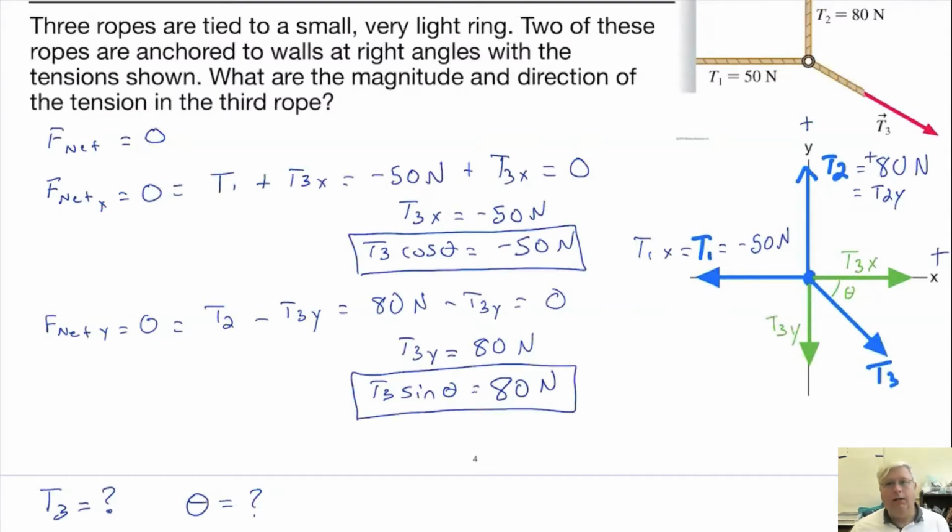We developed these two equations to represent what's going on with the net force horizontally and vertically. So those are going to be important to us. So can we figure out what T3 is? Can we figure out what the angle is?